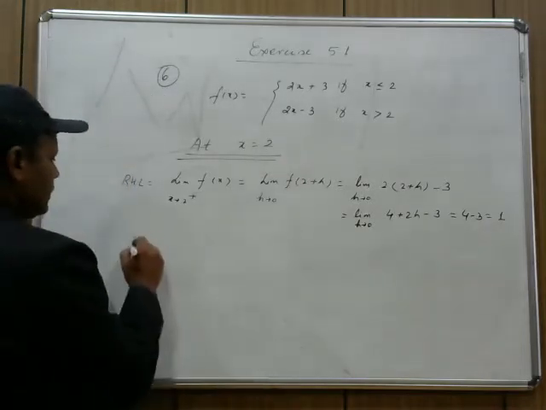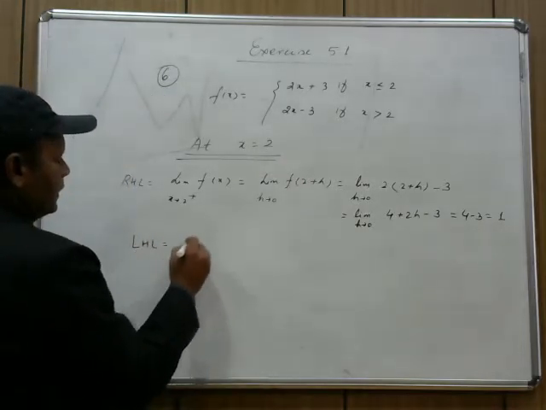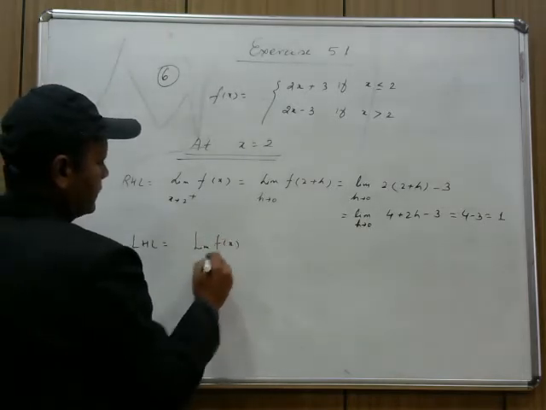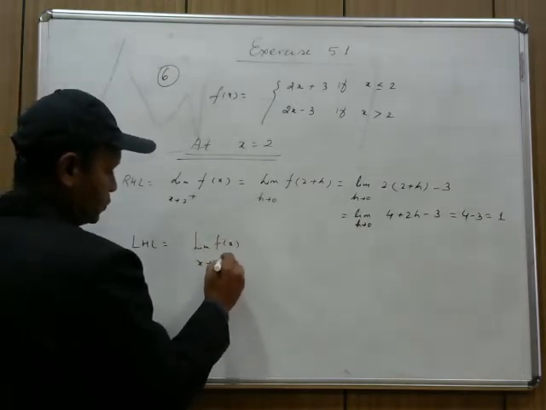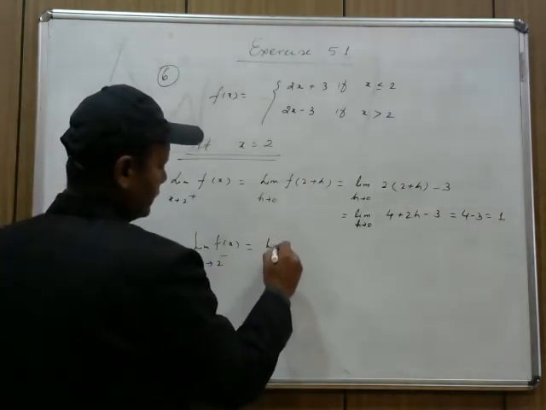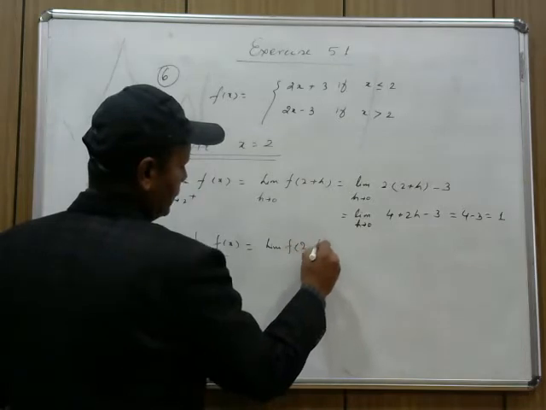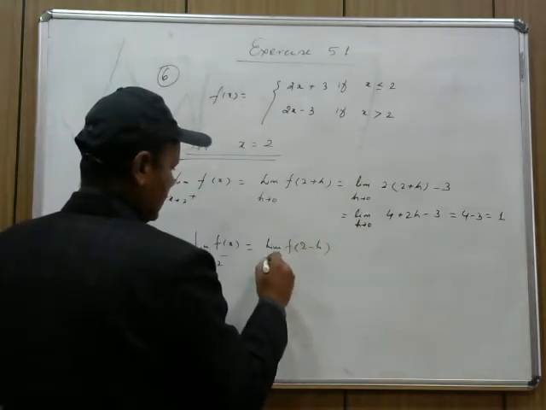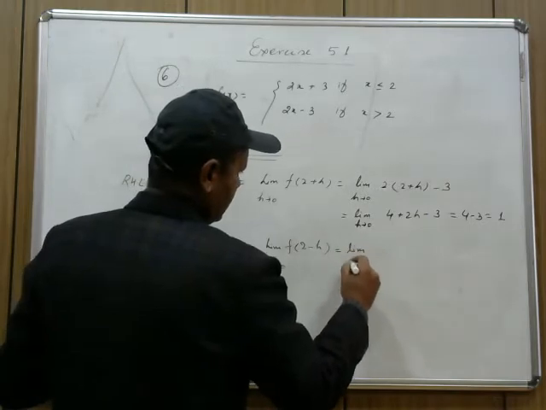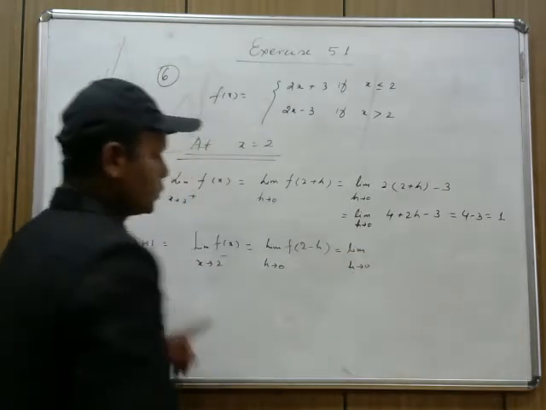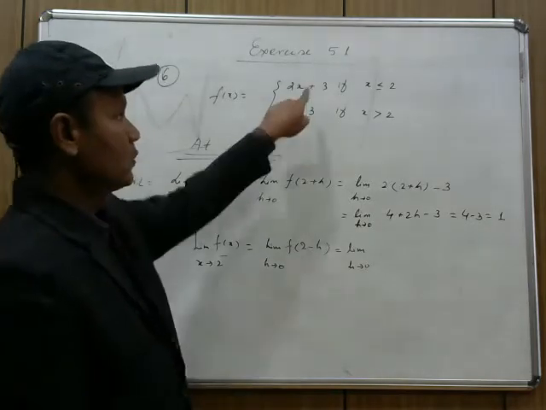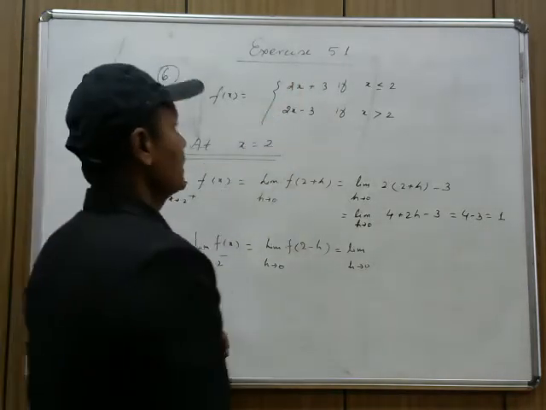Now check the left hand limit. Limit of f of x as x tends to 2 minus is equal to limit of f of 2 minus h, h tends to 0. Now see, 2 minus h is smaller than 2, so I'll go for the first part of the function, 2x plus 3.